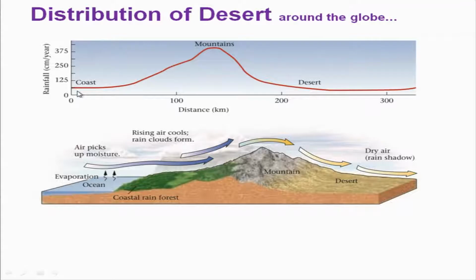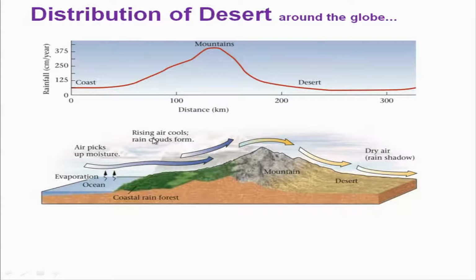Suppose you are having a landscape with a coastal area, which has been shown on your left, and the moist air which picks up the moisture from the ocean through evaporation will flow towards the land.